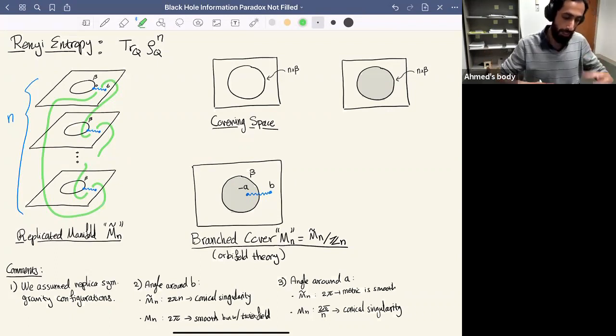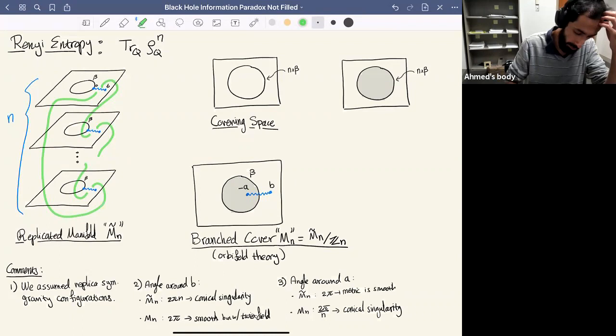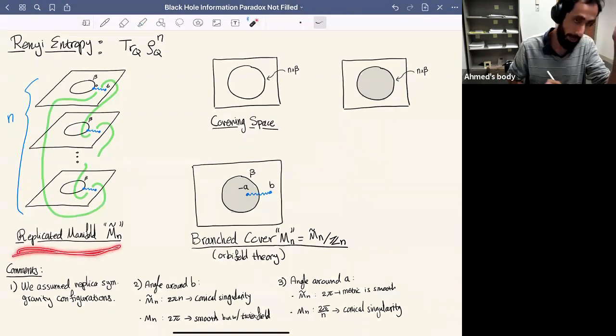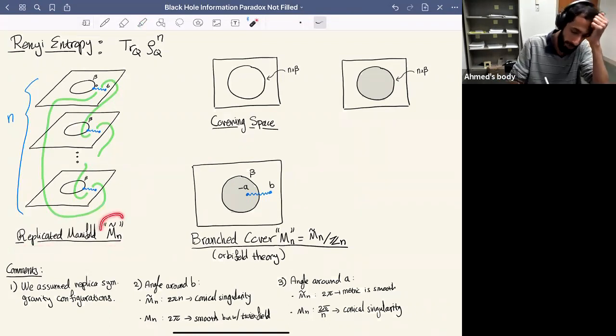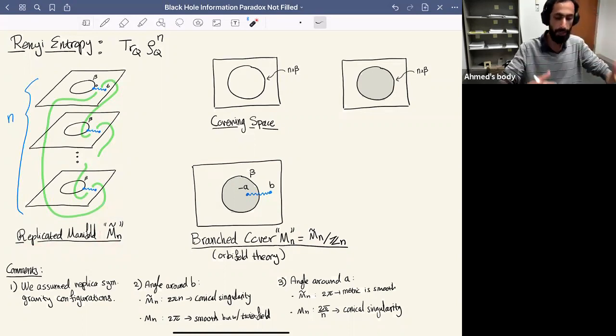Now we've finally specified everything about the path integral. What this defines for you is sometimes called the replicated manifold, which I'm going to call M tilde n. And this completely specifies the boundary conditions that you need to consider all the gravity configurations.